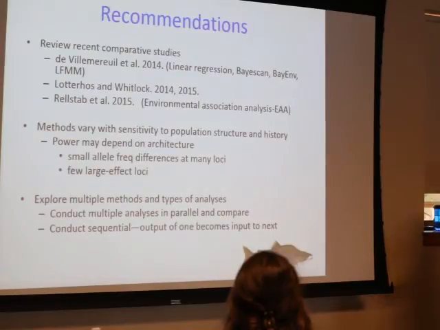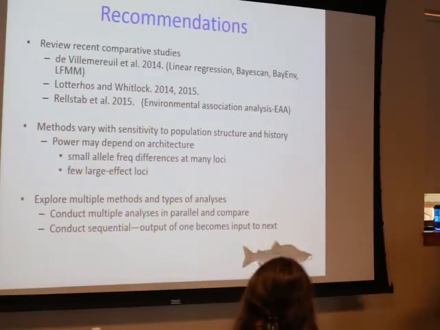And then keep in mind that all these methods vary in sensitivity to population structure and history. You still have to know your organism, know your question, know your sampling design. And the power that you have may depend on the genomic architecture, which you don't have much control over. For example, you might have small allele frequency shifts at many loci, or alternatively you might have a few loci of very large effect.